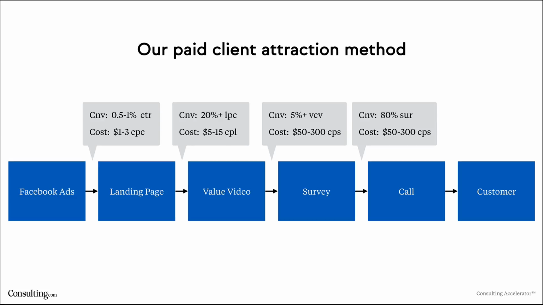So our show-up rate is typically 80%. That's what we see across the board with our successful students in this consulting program. And that means that our cost per call or cost per strategy session is in between $50 and $300, or it could be a little bit more than that if we're adjusting for our show-up rate here.